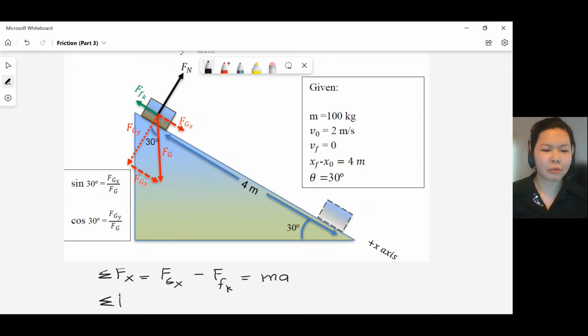For the summation of Fy now, we have plus y is Fn, positive, directed to the positive y. And opposite to that, we can see in our figure the red broken arrow is Fgy.